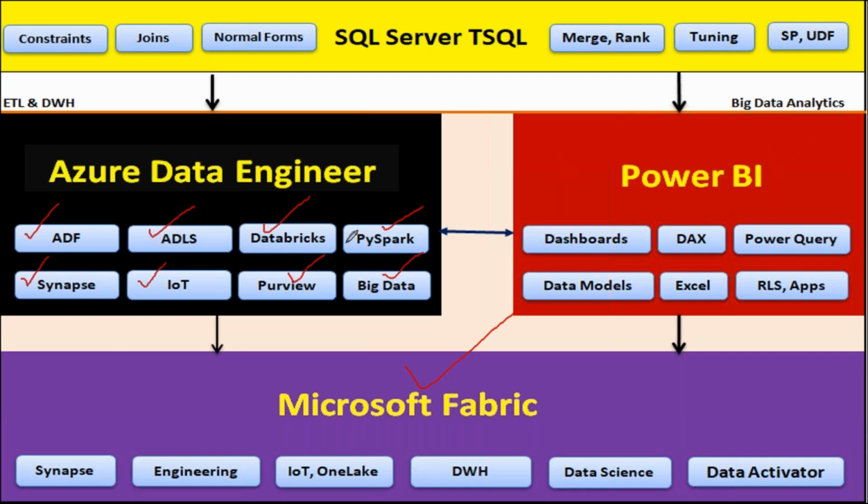Fabric is a single license BI implementation. Fabric actually evolved from Synapse. So we have Synapse Engineering, Synapse IoT, Synapse Warehouse, Synapse Data Science, and monitoring activities called Data Activator. Single license. But to get into the internals of Fabric, this is again our backbone.